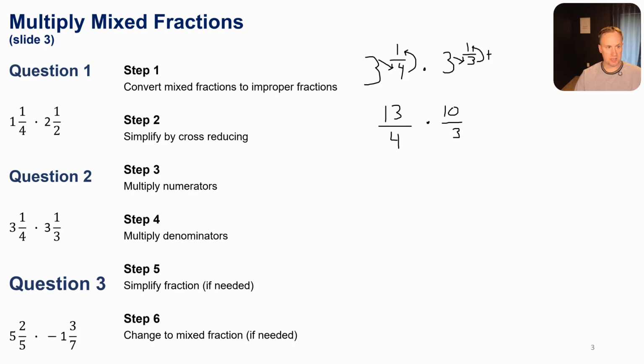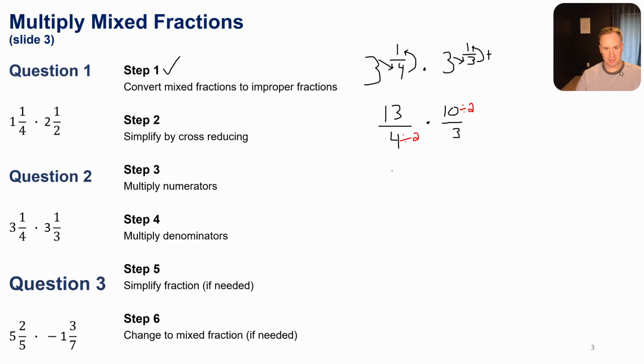Then I look to see if I can cross-reduce. In this case, there is a common factor that I can divide into each of these numbers. So 4 and 10 has a common factor of 2 that can divide into both, right? 13 and 3 do not, though.